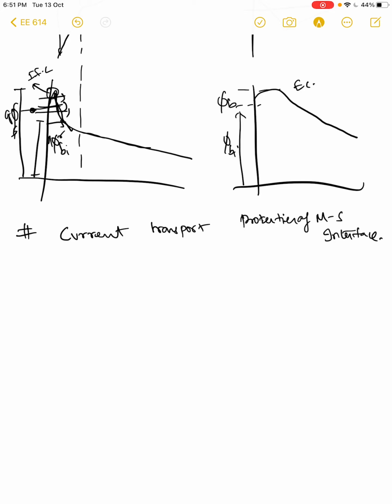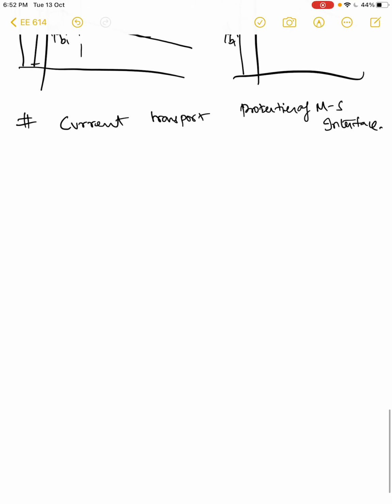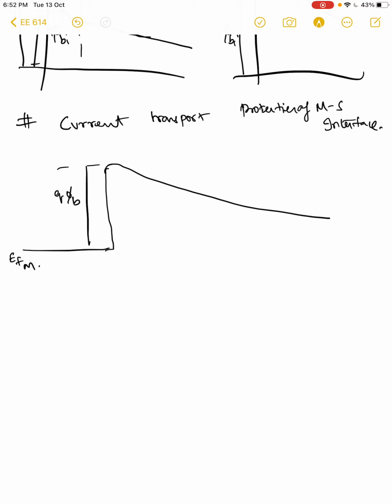Now let us go back to the band structure. Okay, so we have EFM, and let's say something like this. This is Q psi B. An electron from the semiconductor side, for it to be transported across the barrier, should have enough energy thermally provided to have energies larger than this.